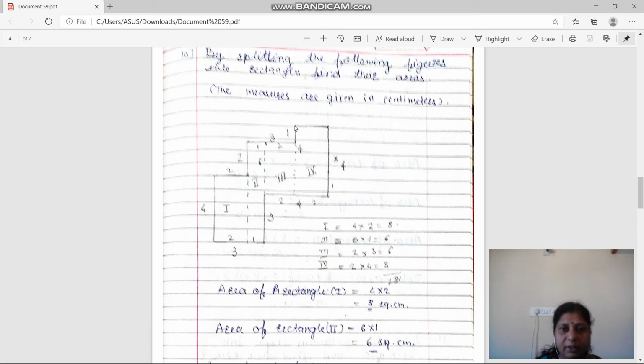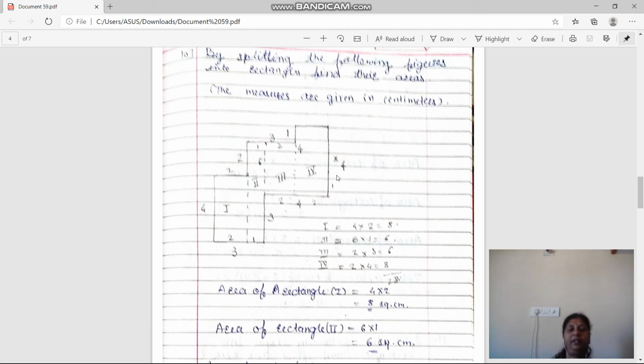Now from this point to this point if it is 4, then this opposite side is 4, right, here 4. Now from this to this it is 2, so this total is 4. From this point to this point it is 2, then this is also 2, so it is 2, 4. So all dimensions are clear to everyone.